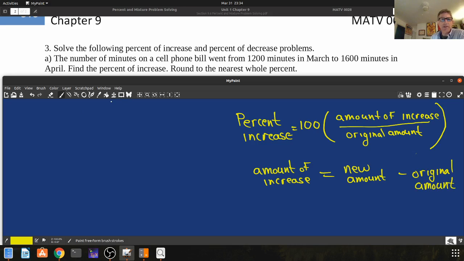So let's figure out this problem number 3A. The number of minutes on a cell phone bill went from 1,200 minutes in March to 1,600 minutes in April. Find the percent increase. Round to the nearest whole percent. So let's find the amount of increase first.